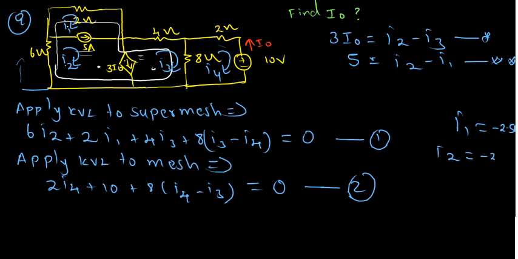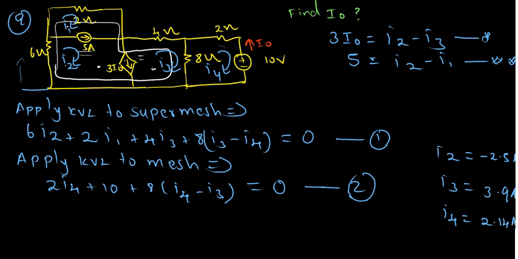We don't need to find I1, so I2 is equal to 2.5 amps, I3 is equal to 3.9 amps, and I4 is equal to 2.14 amps.